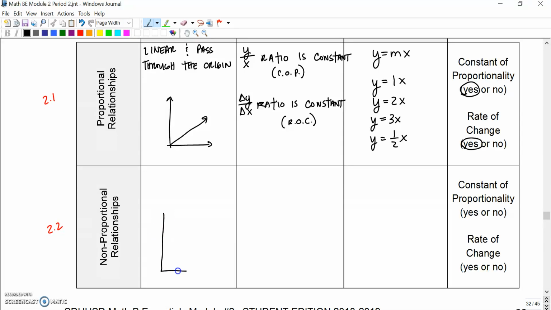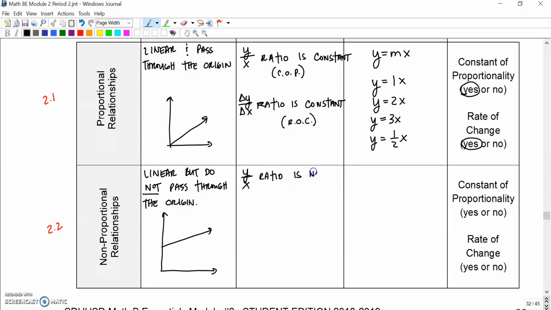Non-proportional relationships that are linear look like the ones we saw today. So they are linear, but do not pass through the origin. So the table, y over x ratio, is not constant.